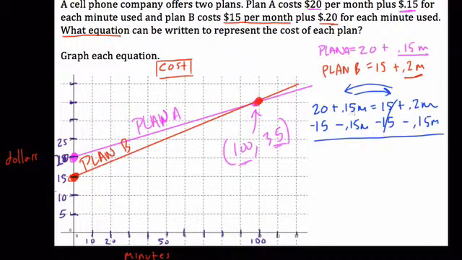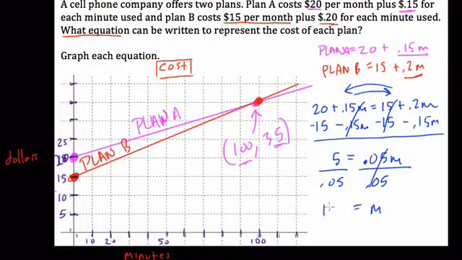That cancels out, and we get 5. 20 minus 15 is 5, equals 0.05m. To get m, you should multiply by 100, but you could also divide both sides by 0.05, and that would still work. m equals 100.